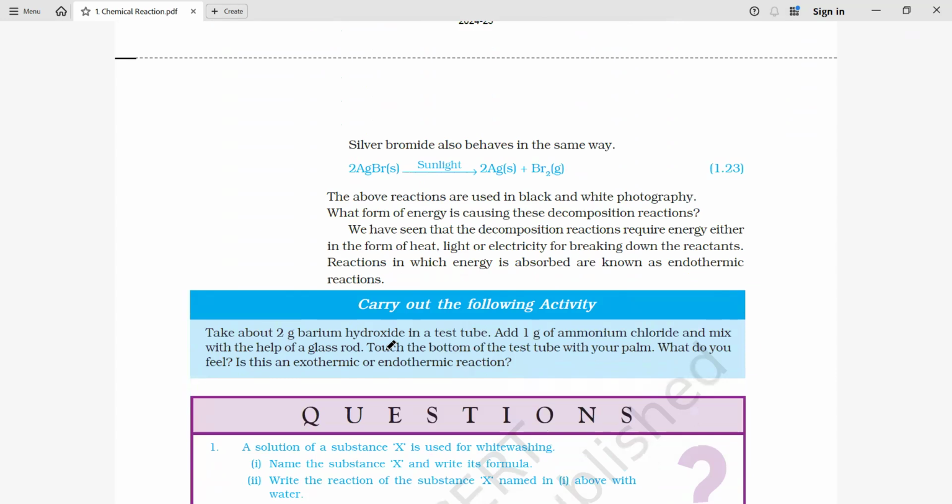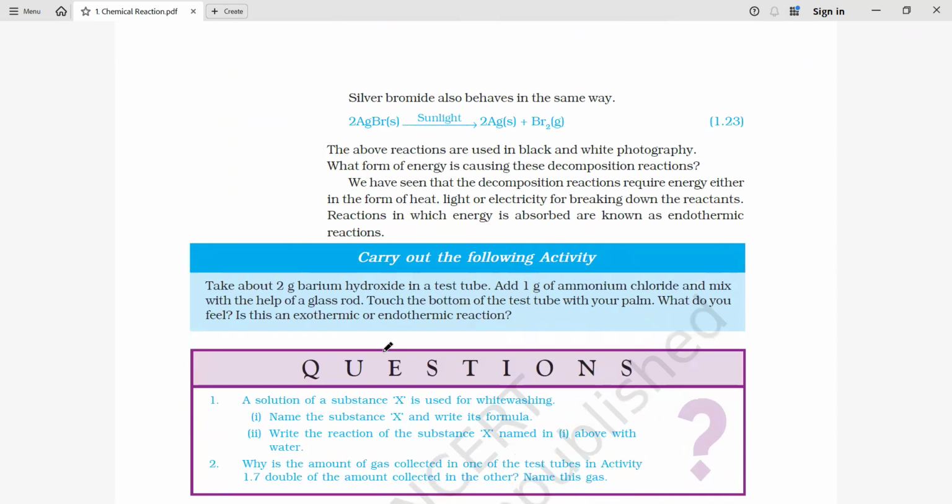Similarly, silver bromide, AgBr. Here also if you provide the heat, it is going to be available as silver and bromine. So what is the use of this reaction, especially the silver bromide reaction? Even for the silver chloride reaction, both are useful in black and white photography.